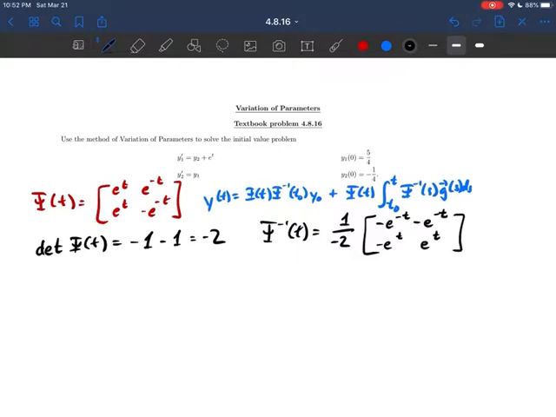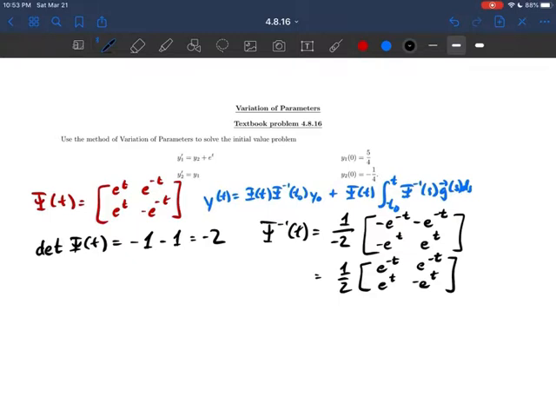And if we bring this minus sign in from the constant out front, we could rewrite that as 1/2 times [[e^{-t}, e^{-t}], [e^t, -e^t]]. I don't want to bring the constant 1/2 in there. That just complicates things a little bit, makes it a little bit uglier. So we're going to just leave it in this format here.